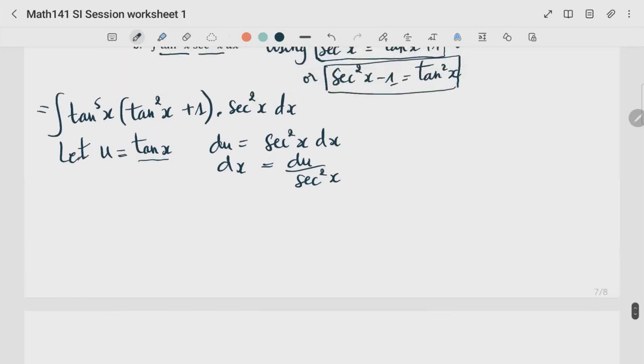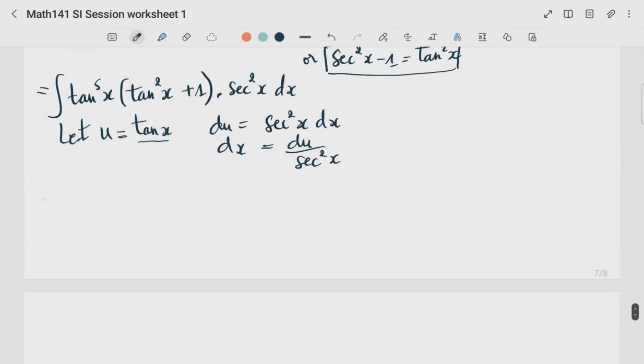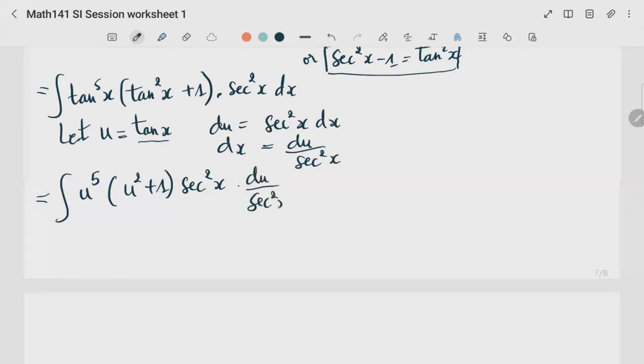Doing that, we can bring it back to the original expression, and we have now u to the 5 multiplied by u squared plus 1 multiplied by sec squared x, multiplied by dx, which is just du over sec squared x.